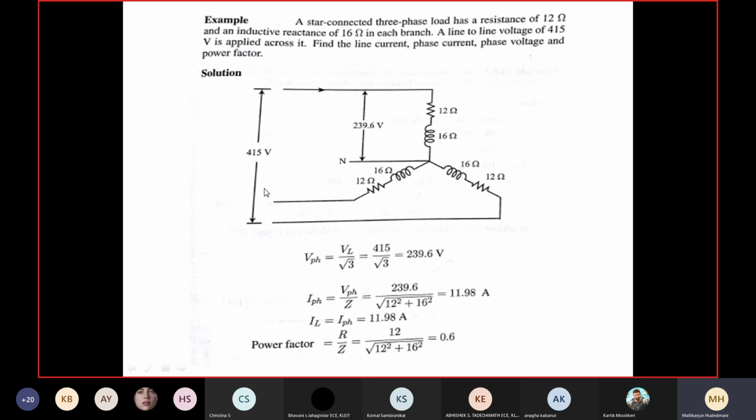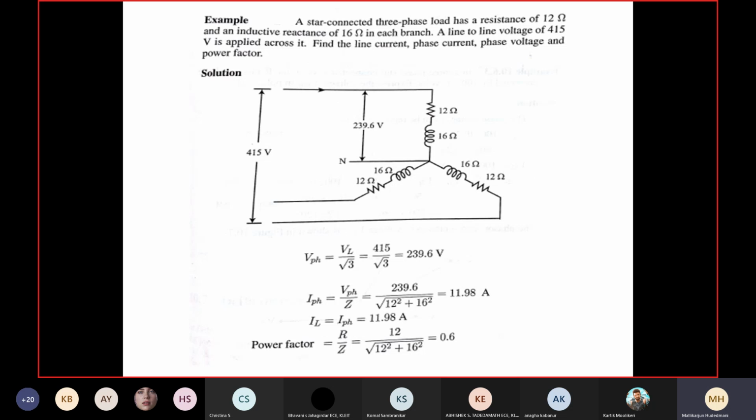Between any two lines you measure, it is 415 volt, between R and Y, Y and B, B and R. That is called three phase. So find line current, phase voltage and power factor. Very simple problem.